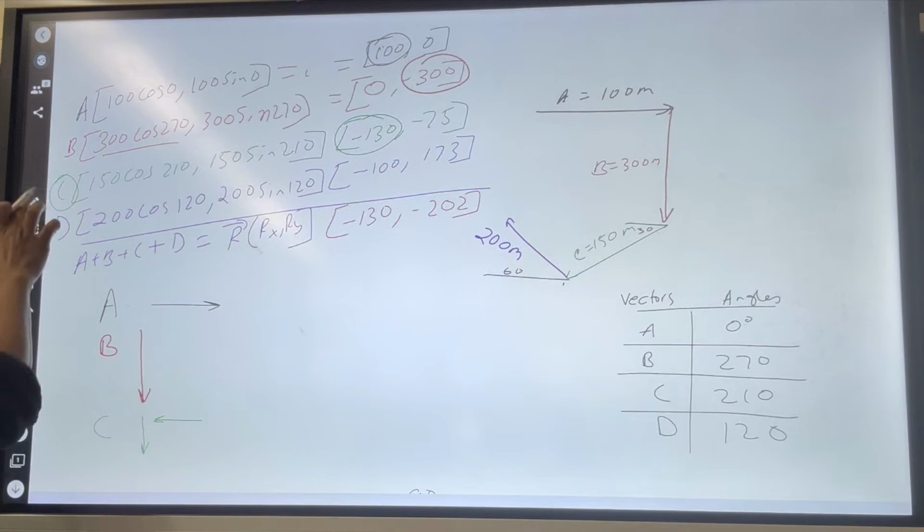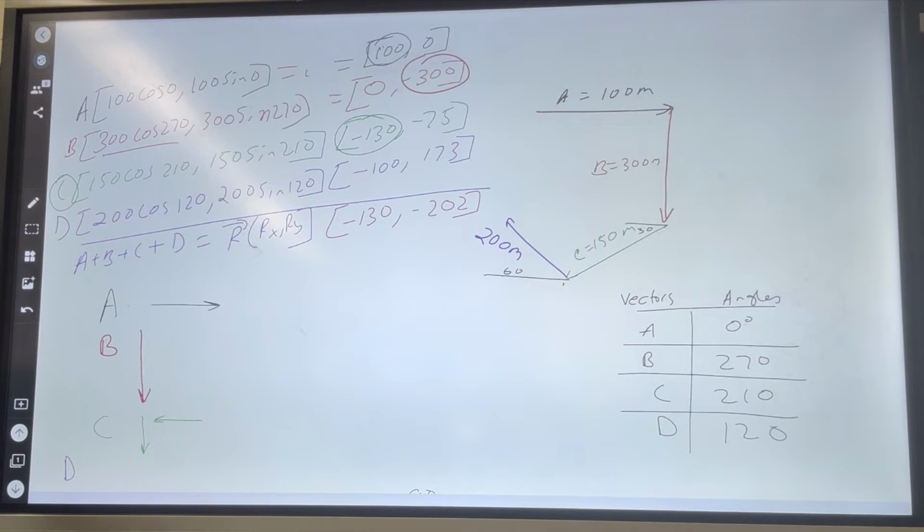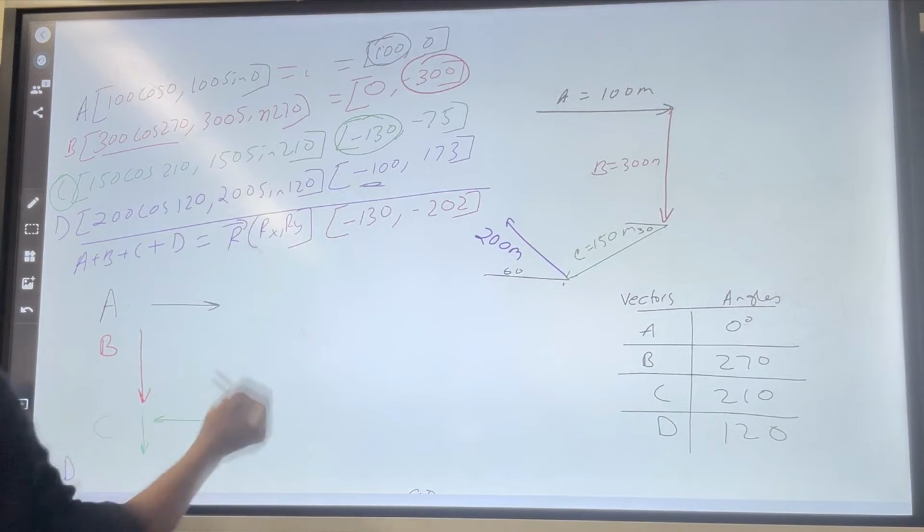And finally D. X is negative 100. So these are X's.